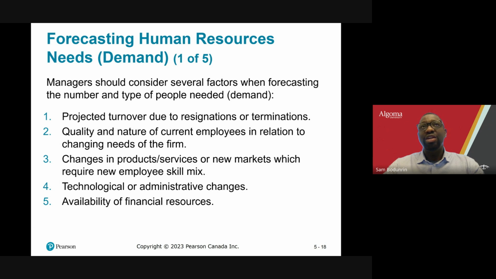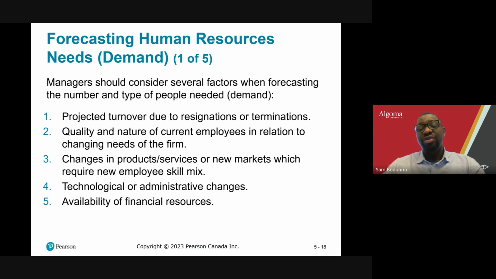So as things are changing, trends, we need to also look at the marketplace, look at the current employees that we have. Do they really have the skill to match the recent business trends and demands, technological and administrative changes, which we've also mentioned before in terms of digitalization and AI?